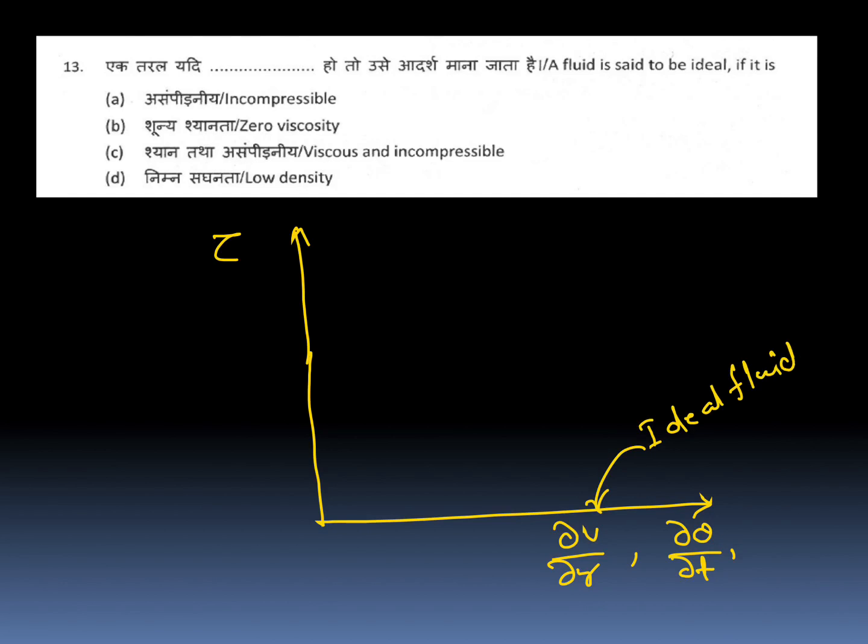An ideal fluid has zero viscosity. This entire area, you will get zero viscosity. We know tau equal to mu du by dy. Tau is 0, so mu also 0. B is your answer.